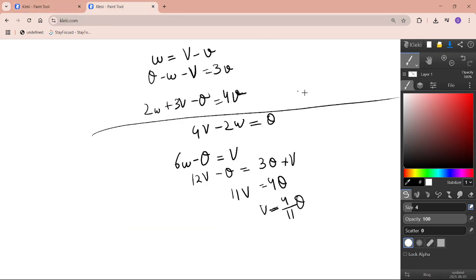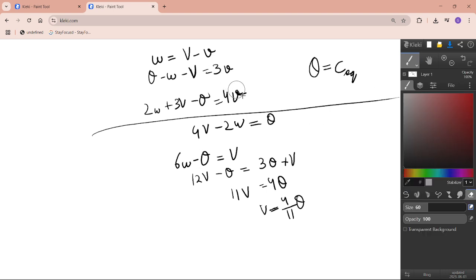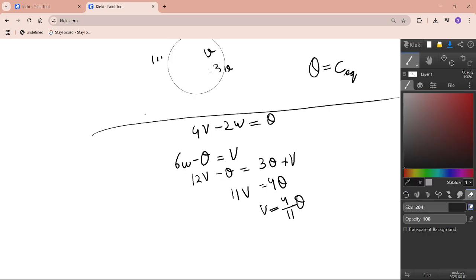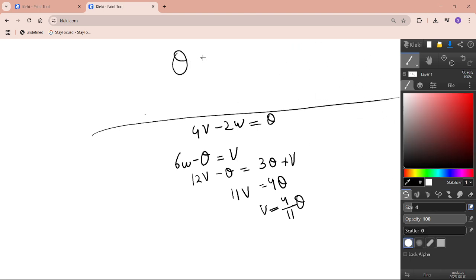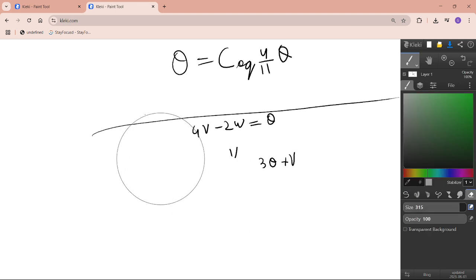So if we have an equivalent capacitor, we send charge plus Q. So if there's a capacitance equivalent to all these capacitors, then the potential here is equal to 4 by 11 Q. So, let me erase all this.